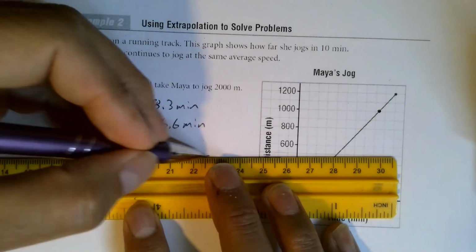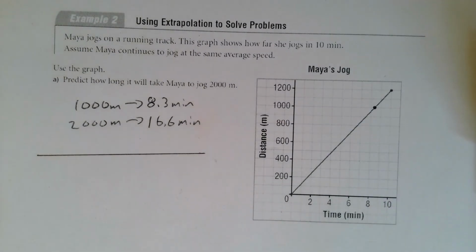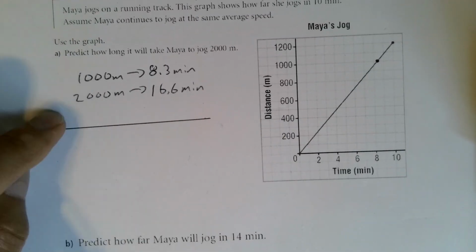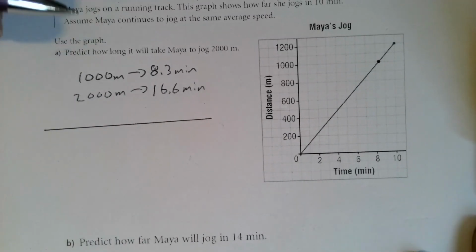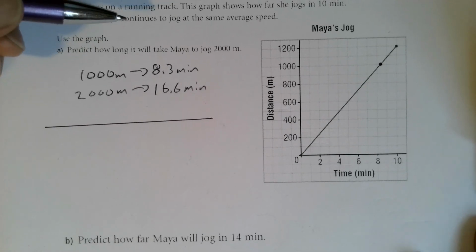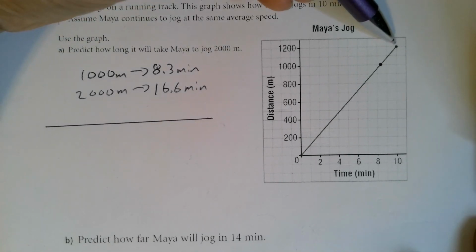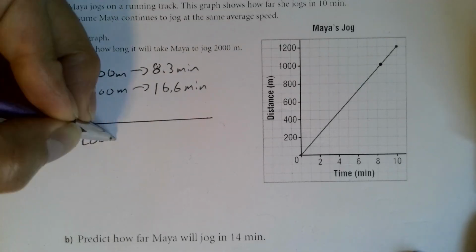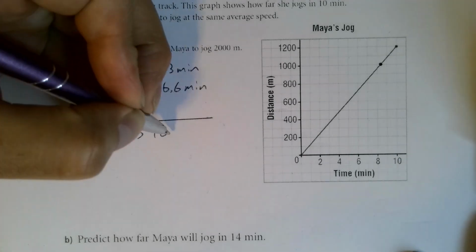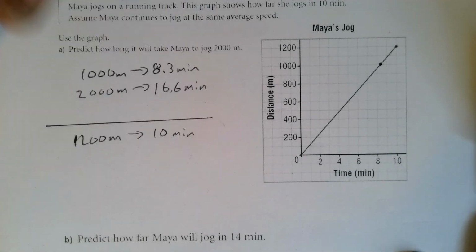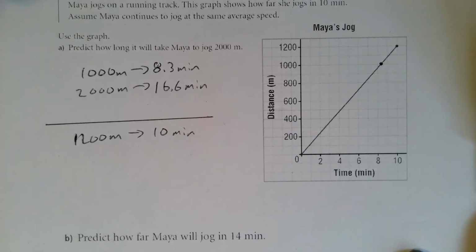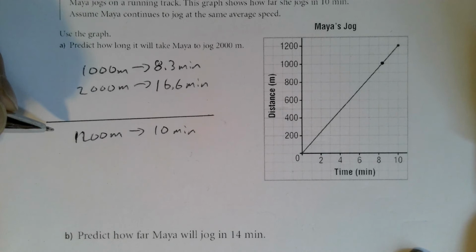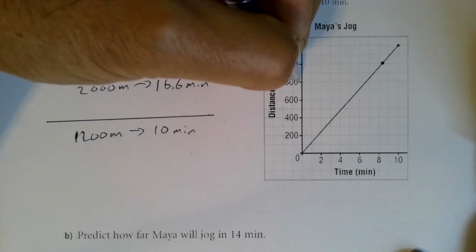Okay, the other way we can do it is to use addition instead of multiplication. Obviously, this time we used multiplication to double it. We could also use addition. So we could look at the farthest distance we do know with Maya, so that's 1,200 meters, which is going to take 10 minutes exactly. And then how much farther is Maya going to jog? Well, she'd have to go 800 more to get to 2,000. So there's our 800 there.